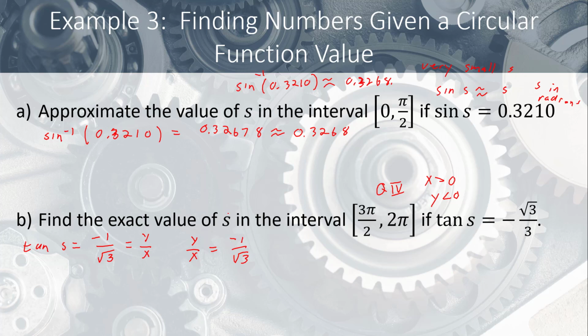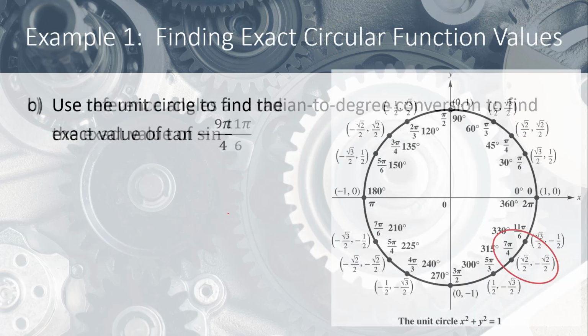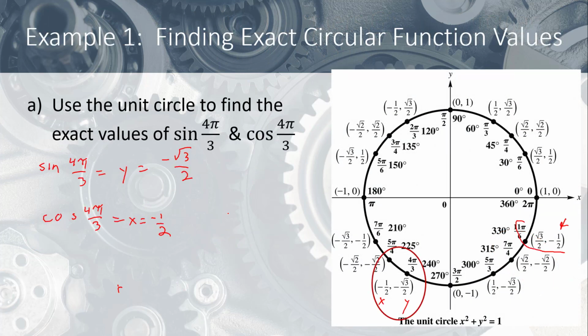Okay, well, let's actually look at a point in quadrant 4 which will produce for us this ratio. So let's come to a unit circle. And if you look at this particular point right here, this is 11 pi over 6, and if you notice, we have root 3 over 2 divided by 1/2. If we actually took the tangent of this, we would get negative 1/2 divided by root 3 over 2, which would reduce to negative 1 over the square root of 3, which is what we're looking for.